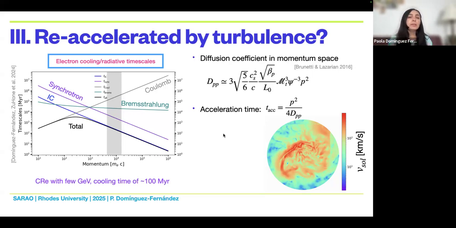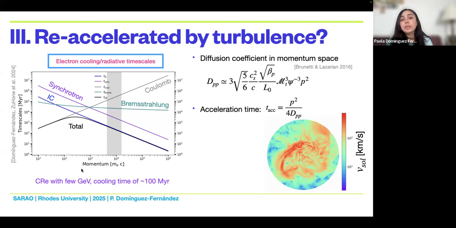And why do we care about that? Well, here I am showing you the typical cooling timescales for electrons. Electrons will lose energy through synchrotron, inverse Compton, Coulomb losses, and Bremsstrahlung.